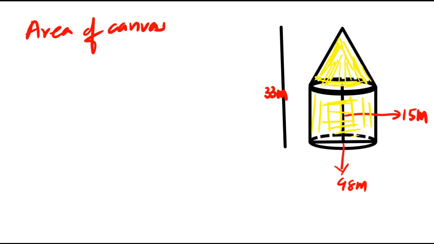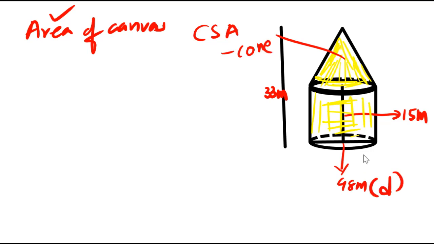Area is asked. Area asked means you will be finding the curved surface area of this cone, for which you have 48 meter diameter, that means 24 meter radius, same 24 here also. And this total is 33 meter, here it is 15 meter, that means the remaining is 18 meter, the height of the cone.